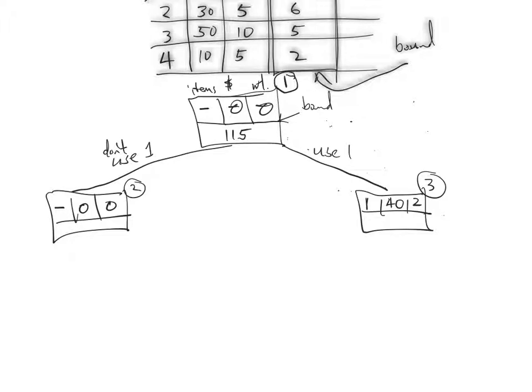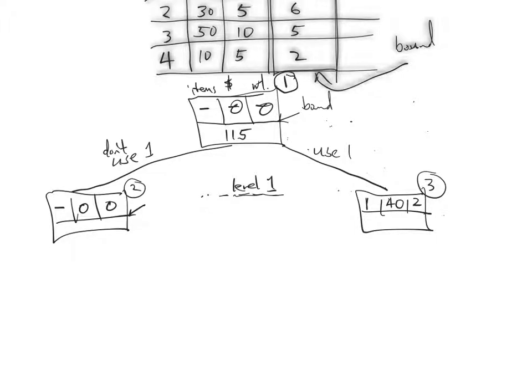And now the interesting thing is the bounds. They will be different because they're different assumptions. So what's the bound over here? The bound is, we've decided not to use item 1, and so we're on level 1. And again, I'm thinking here of project 6 a little bit. On level 1, you've already decided whether or not to use 1, and from then on, you don't have a choice.